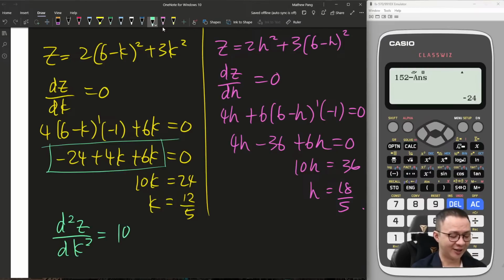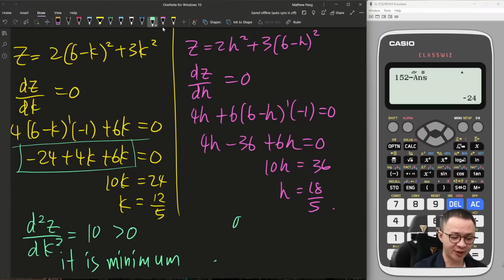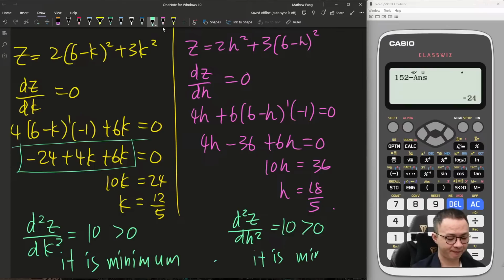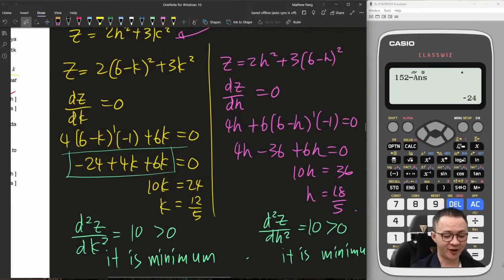Yes, I literally get a 10 there, which is bigger than 0. Then it is a minimum. For this one I will do the same thing, d squared z over dh squared. This one also I will get 10, right? So this is also a minimum. Okay, so this is how we get the 5 marks.